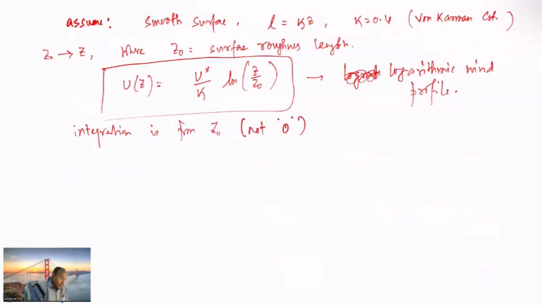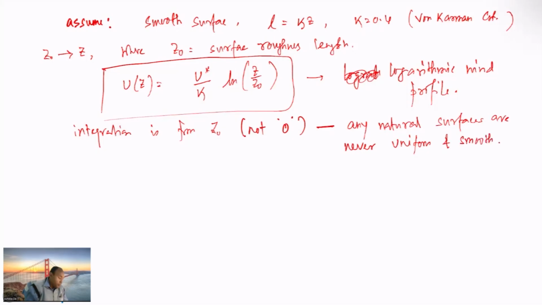That is because any natural surface is never uniform and smooth. So that's what you integrate between.